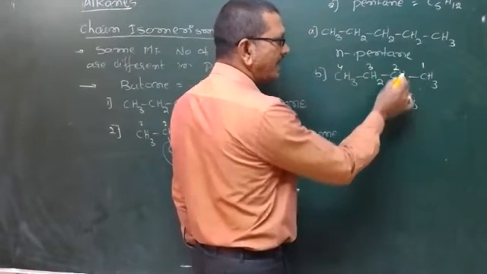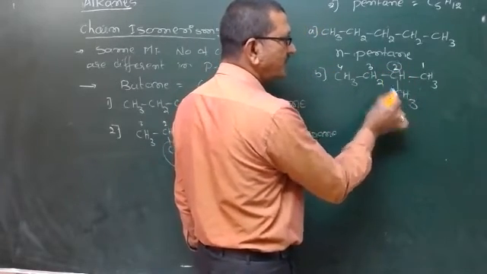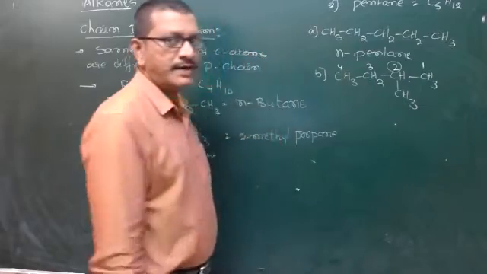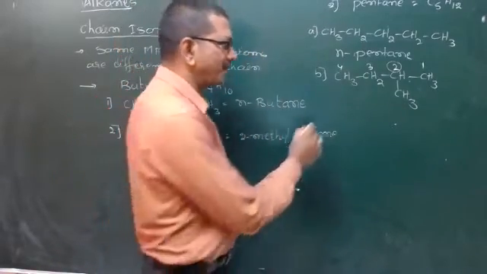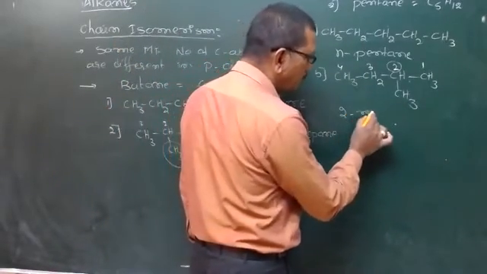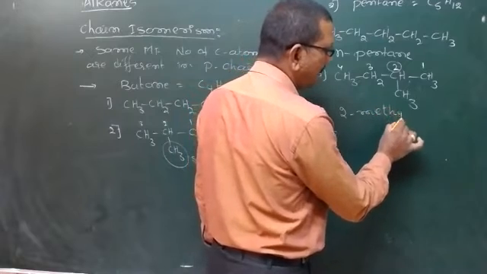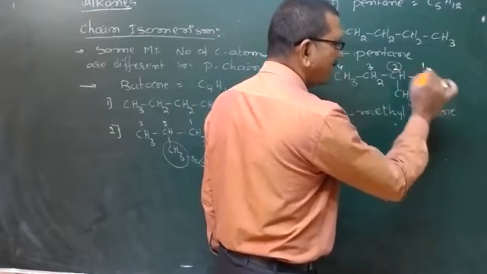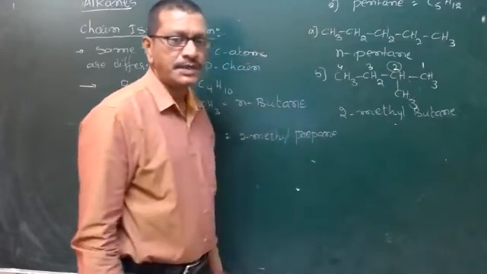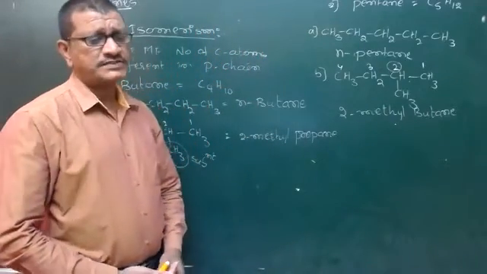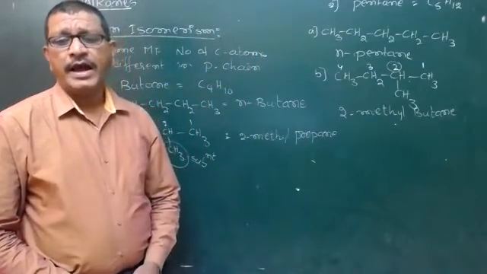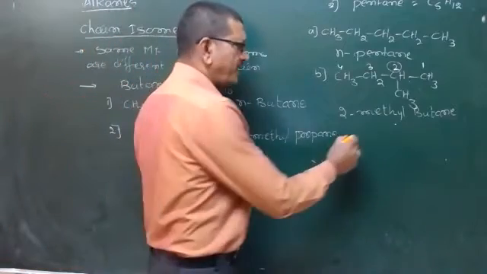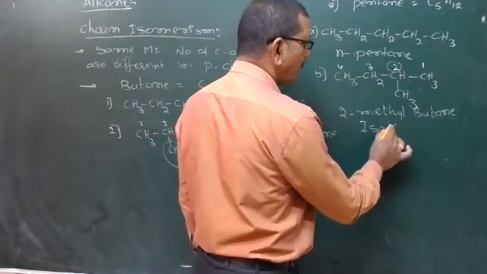At the second carbon, one substituent is present. That's why we say 2-methyl butane. 2-methyl butane is the IUPAC name of this compound, but the common name is isopentane.